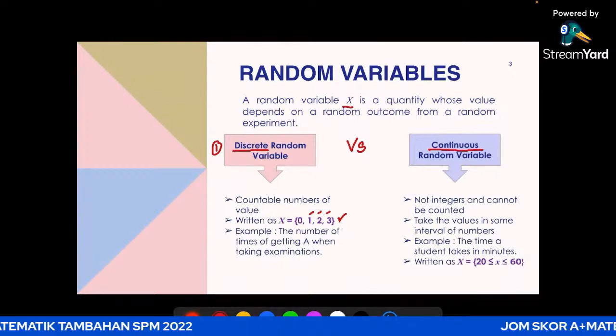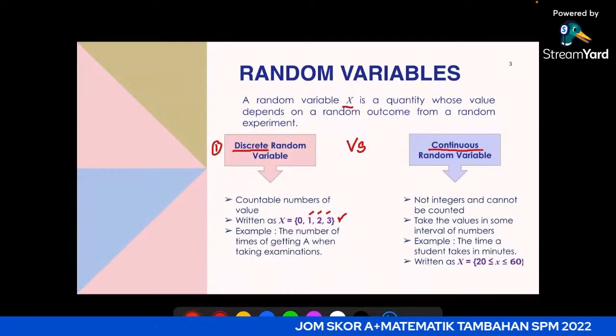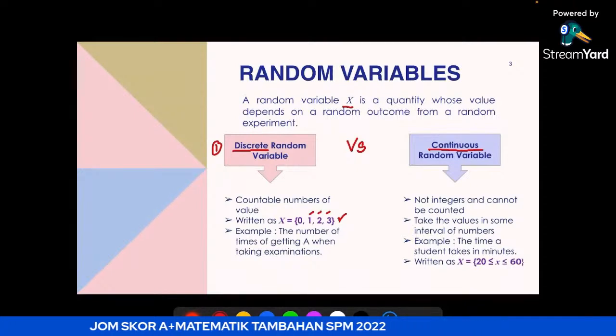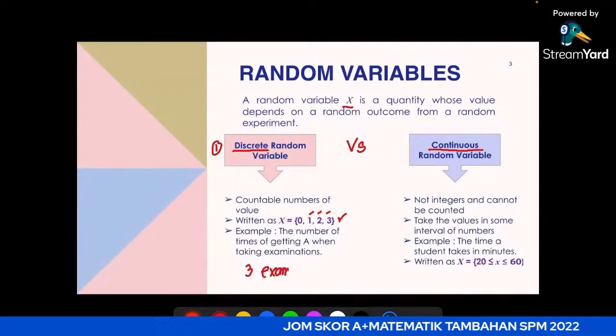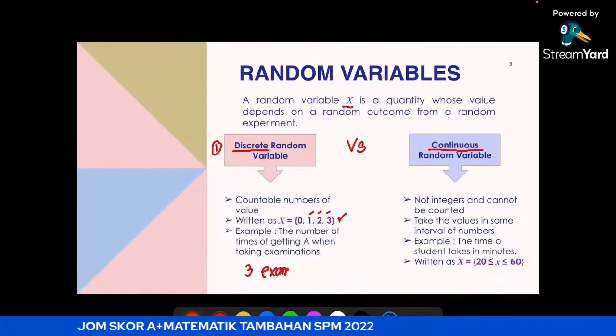For example, the number of times of getting A when taking examinations. For instance, when we are taking 3 examinations in a row, we want to know how many times we managed to get A in 3 examinations.